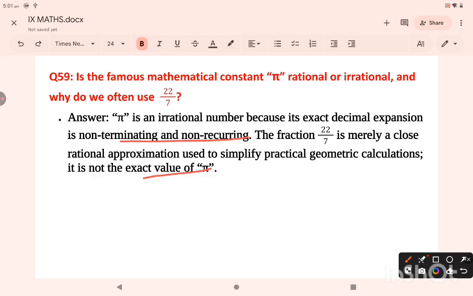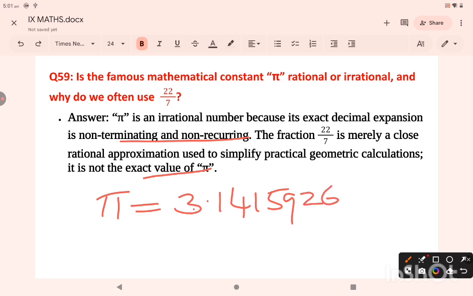The exact value of pi is 3.1415926535 and so on.